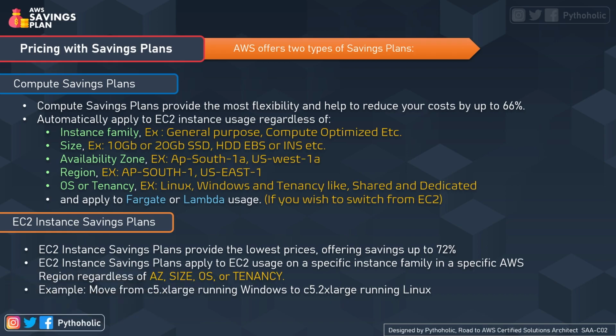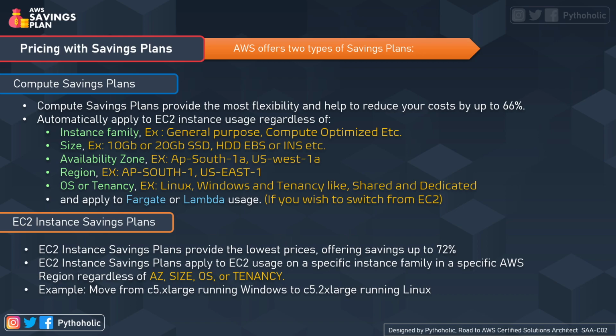And I would say this is one of the most complete savings plans because it automatically applies to EC2 instance usage regardless of the instance family. That could be if you're switching from general purpose to compute optimized or any other instance family, or it can be the size, like 10 GB or 20 GB. You can switch it from any other size that you want, or availability zone, like AP South 1A or US East 1A.